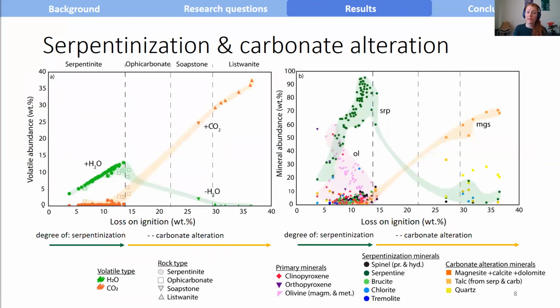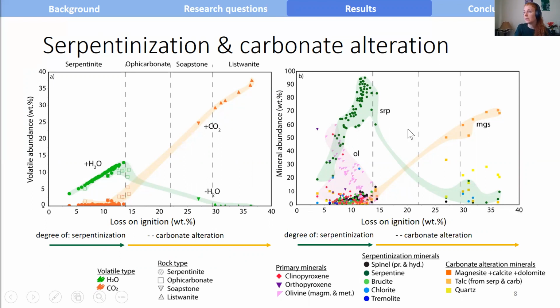These two processes can also be seen by looking at the volatile abundances and the mineral abundances. The x-axis of these two plots is the loss on ignition, so both the H2O and CO2. And you can see here that the degree of serpentinization from roughly 0 to 15 weight% LOI is the serpentinization process, while from around 15 to 40 weight% LOI, it's the carbonate alteration.